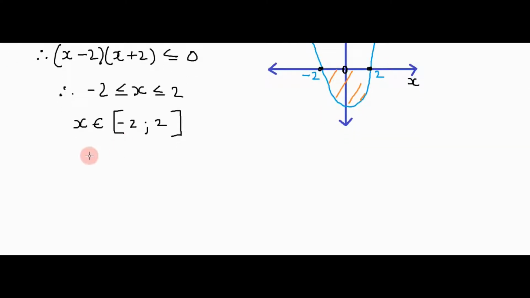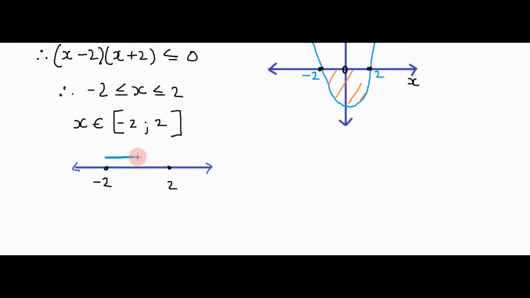Let's do that. So this will be the real axis, or the x-axis. And we are interested in the points -2 and +2. And it includes all values between -2 and +2.